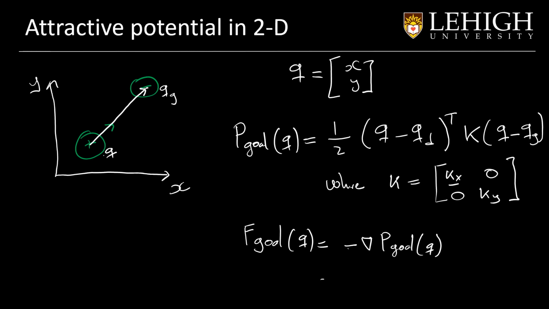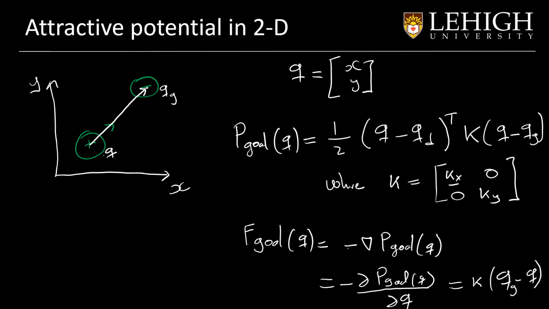Another way to write this, or a different notation, is just the partial derivatives of the potential field with respect to the vector q, which is simply equal to k times the position of the goal minus the position of the robot.